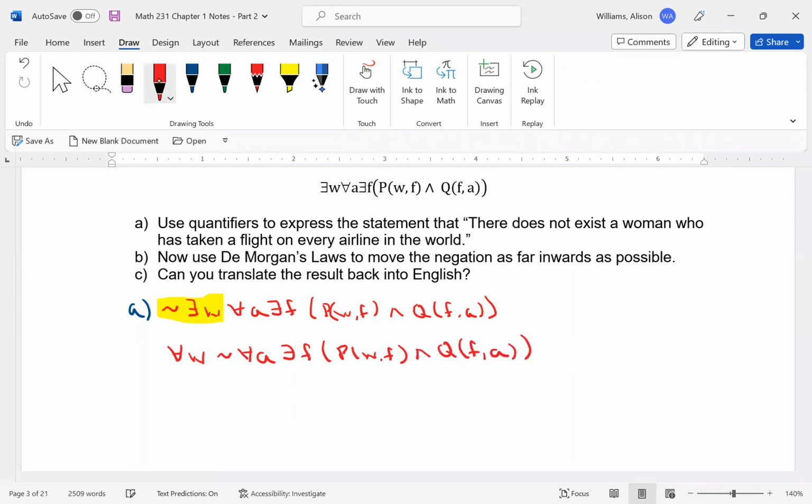That's how that looks. When you say that it's not everyone, that means there exists an airline. So for all women, there exists an airline, there isn't an existing flight she took, and there's a flight for the airline.